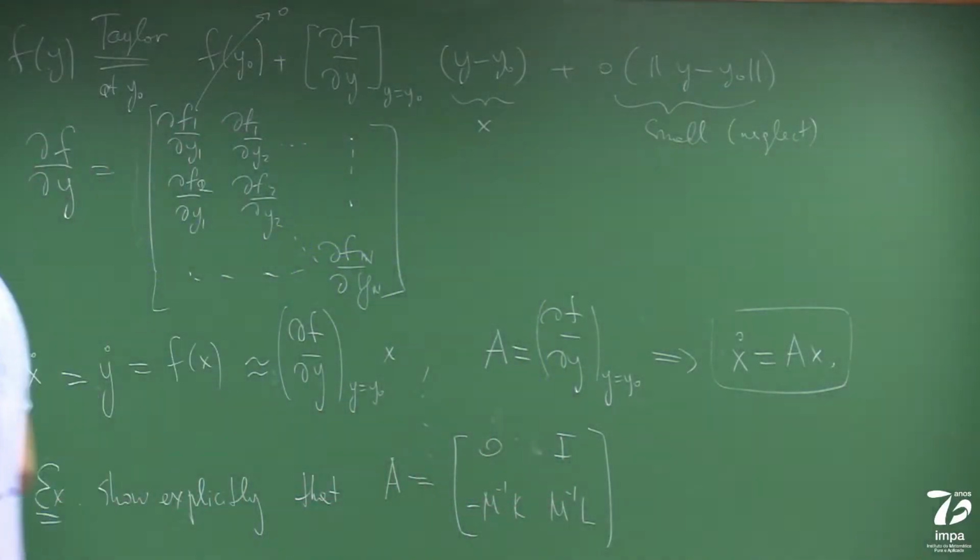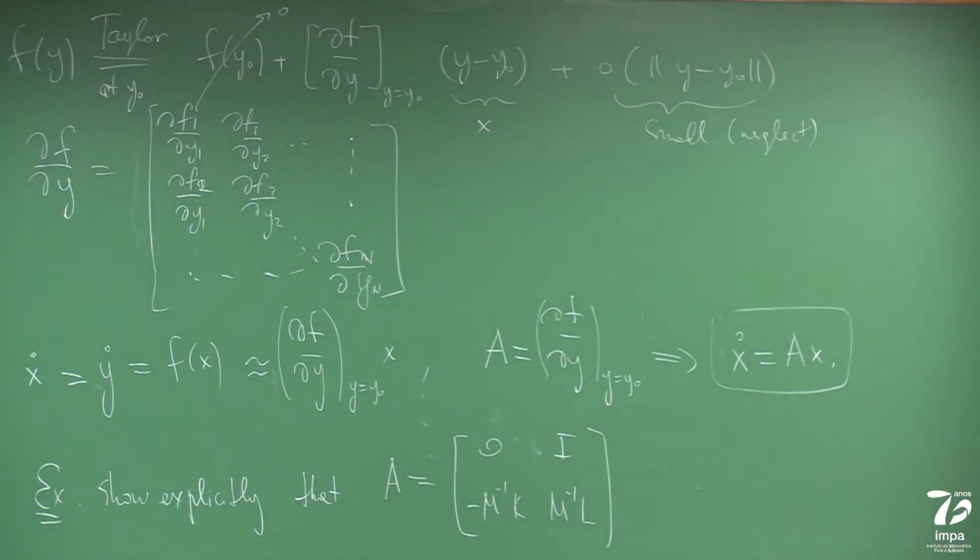Okay. So now we have a nonlinear system, which you can write in whatever form you want: in Lagrangian, in generalized coordinates, or in phase variables. You have a linearized system, and a linearized system can be solved.